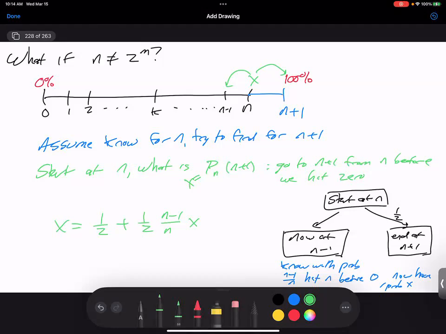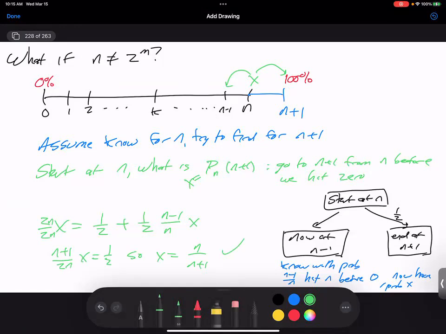I'll multiply this by 2n over 2n. So if I subtract, I would get 2n minus n. So I think it's n plus 1 over 2n times x equals 1/2. So x equals n over n plus 1, which is exactly what we wanted.